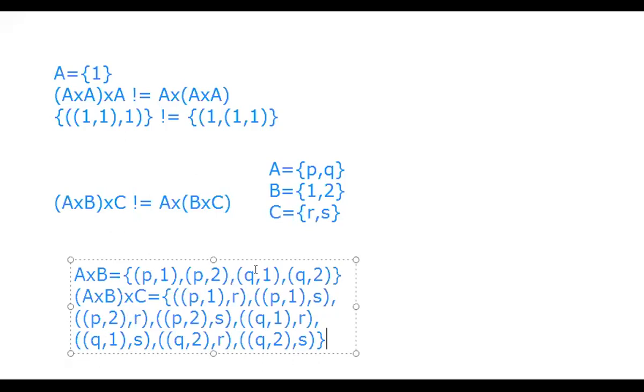Then I took the third element, Q1, and paired it with set C, giving Q1R.